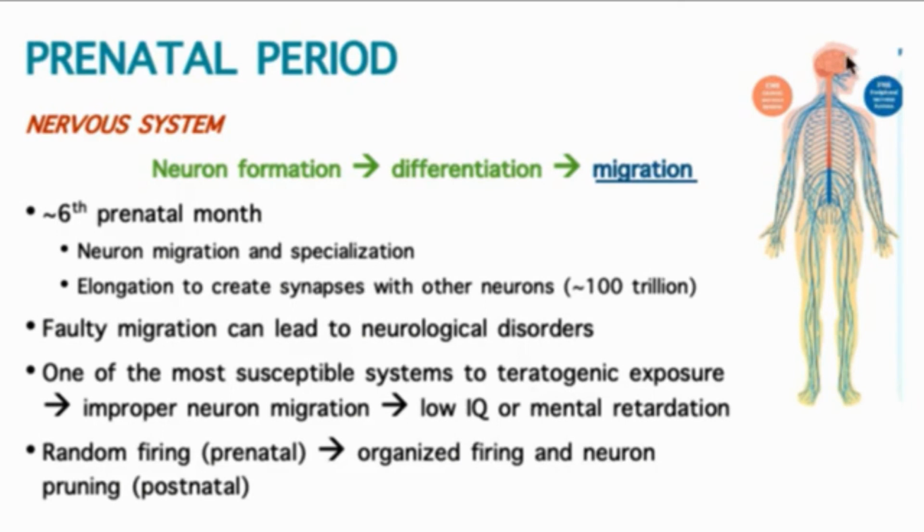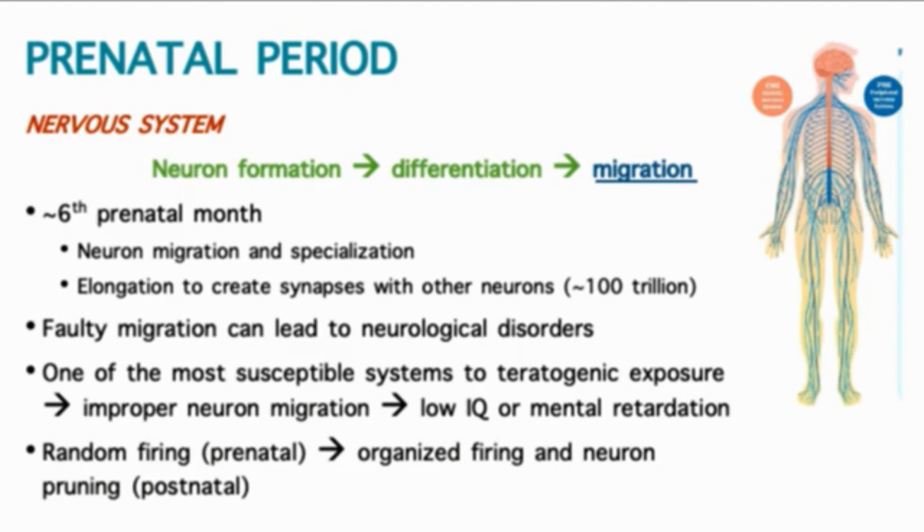And teratogenic exposure usually is the most critical in, I think last week I said like the 6th week of development, because that's when the placenta is fully developed, and when we start to really transfer blood and different types of blood contents from mother to baby and vice versa.